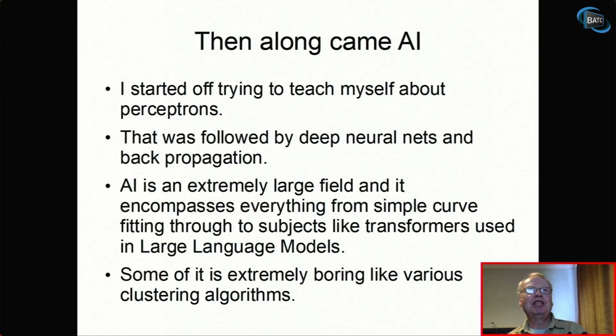And that's obviously followed by deep neural nets, where you've got multiple layers of these things all talking to one another. And then backpropagation is the way they update the model.